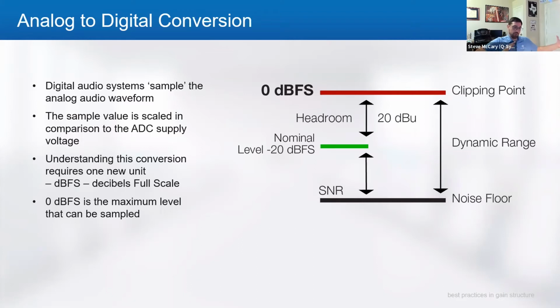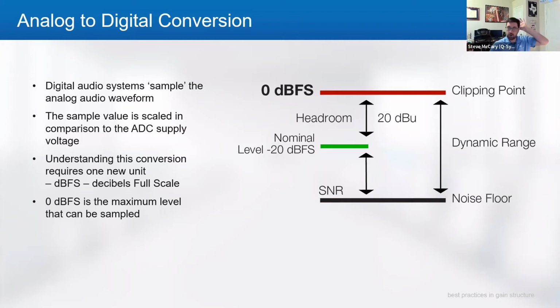So when we're dealing with our analog side, everything before the ADC, we're looking at a +24 dBu as our max clipping point. Once we get inside to the digital domain, then we start looking at 0 dBFS being our clipping point.